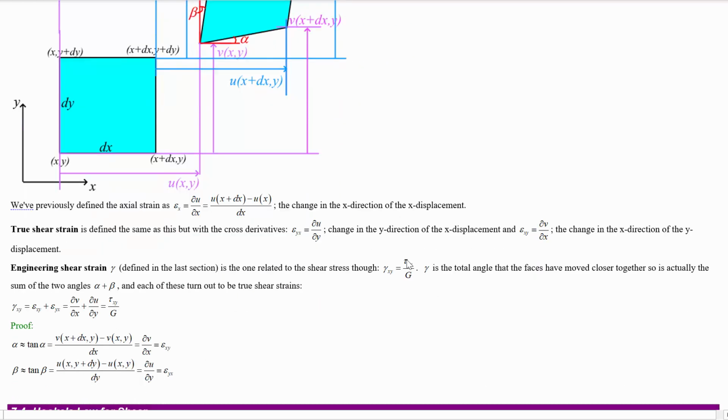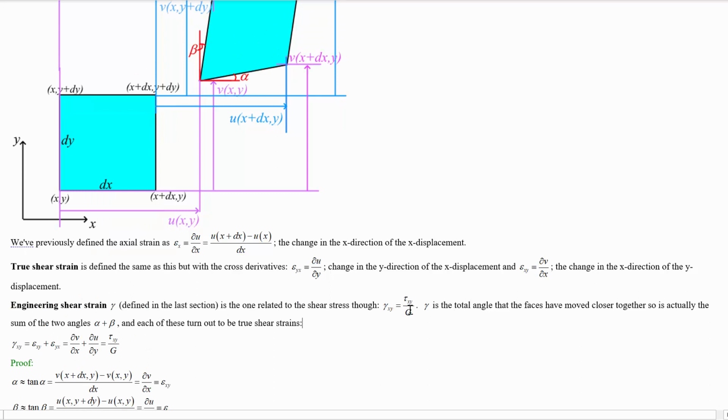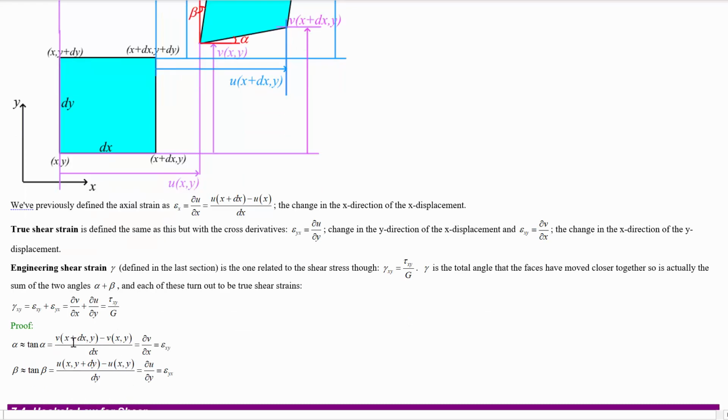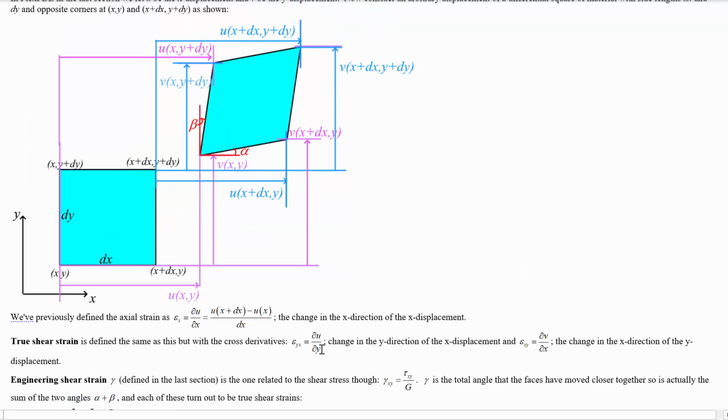So what we're talking about is strain, the one that is related to the stress that shows up over the shear modulus. Shear strain is actually the sum of what you might call the true shear strains, where true shear strains are defined as just the slopes in displacement. Remember we said that the axial strain, the normal strain, we figured out last time, is actually the slope in the displacement with respect to that given direction.